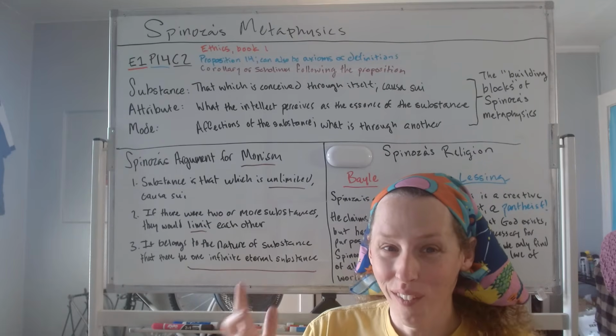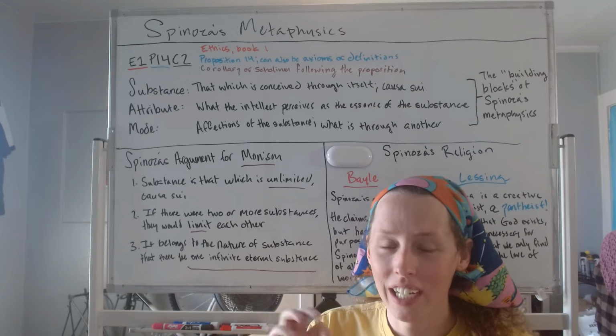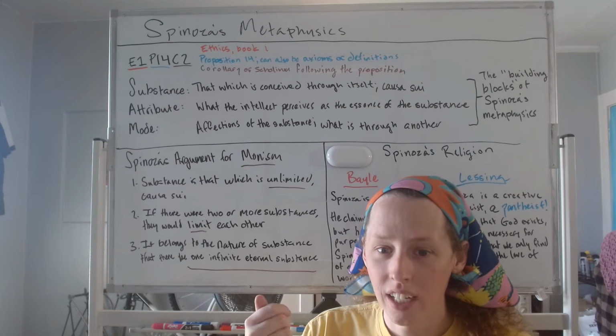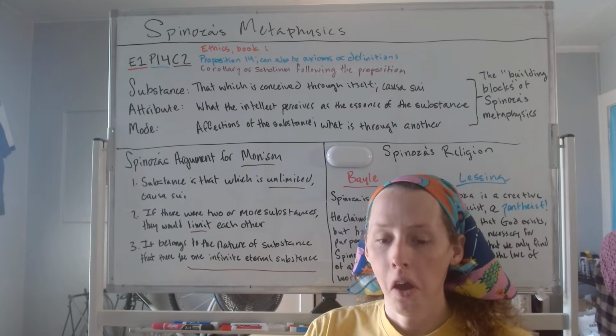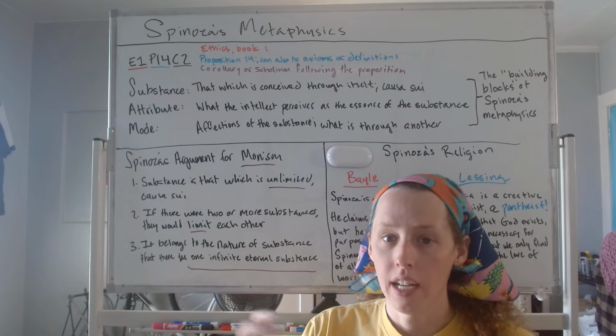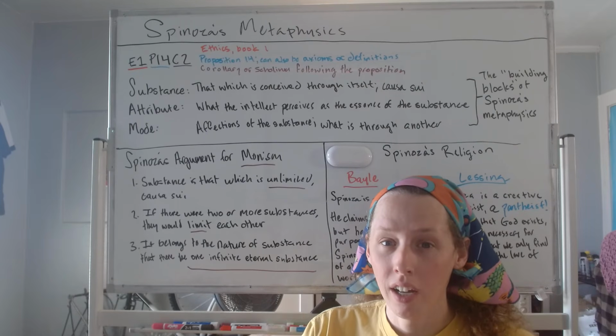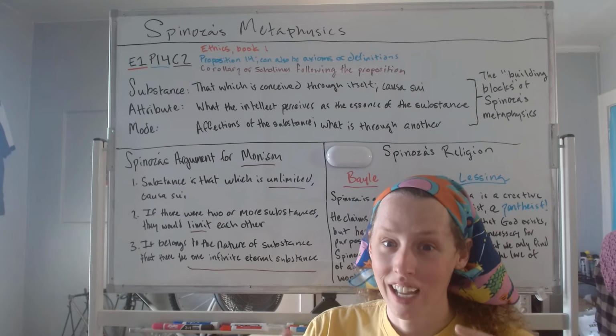Now let's get into one topic before we move on to our next video, and that concerns Spinoza's religion, right? Where does all of this God talk leave him in terms of the religious landscape of the 17th century?